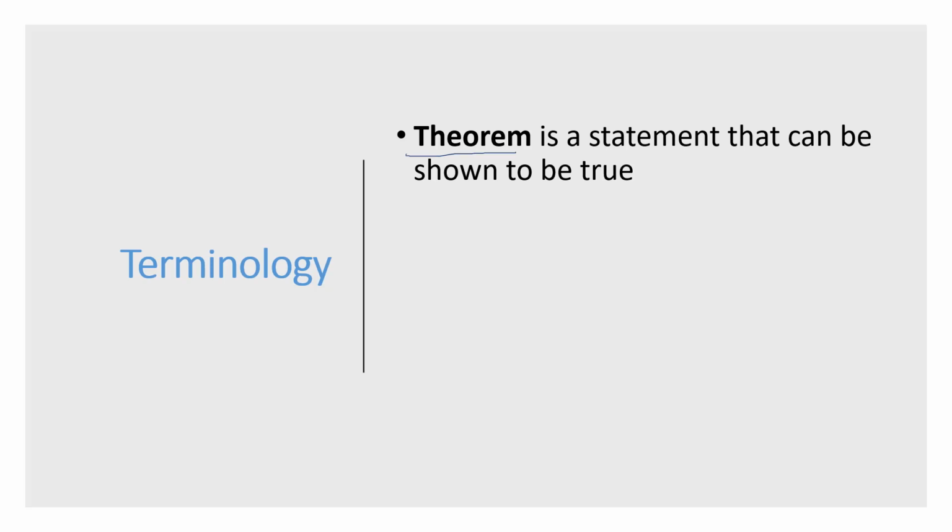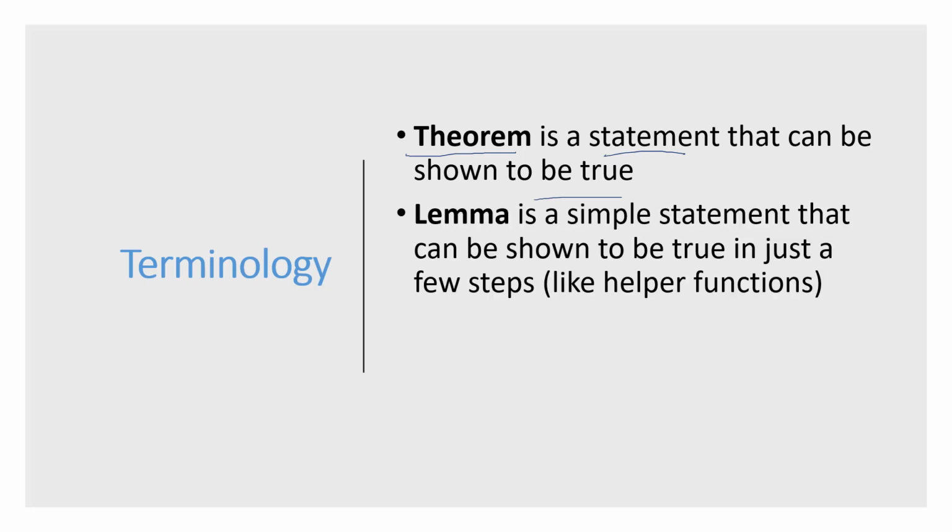So a few things quickly. A theorem is a statement that can be shown to be true. And if it's a theorem, we have a proof of that. A lemma is a simple statement that can be shown to be true in just a few steps. It's like a helper function. So think of the theorem as your program, and these lemmas are like helper functions because you don't want your program to be too long.